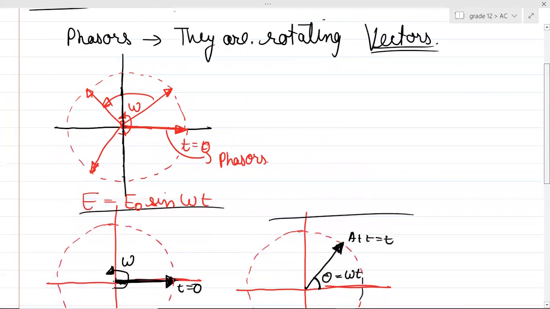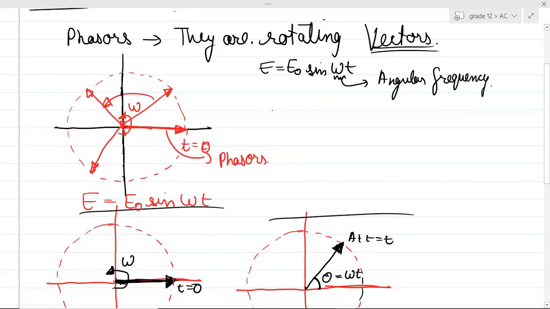Please remember, whenever you have a phasor diagram and you want to relate it with E equals E naught sine omega t, can you see whatever omega is over here is basically the angular frequency, right? Yes or no? So in the case of phasors, omega becomes what?